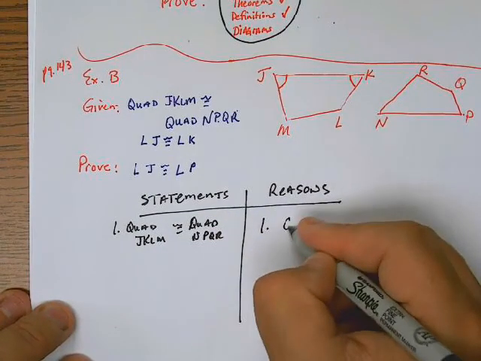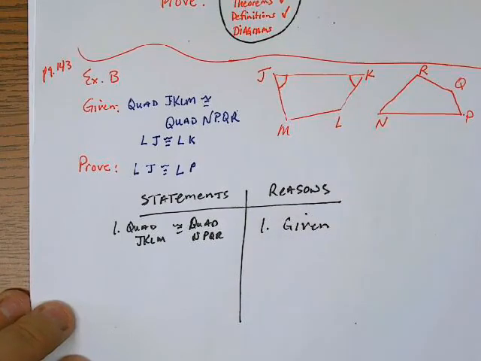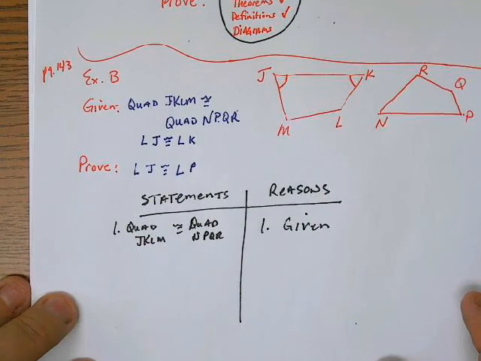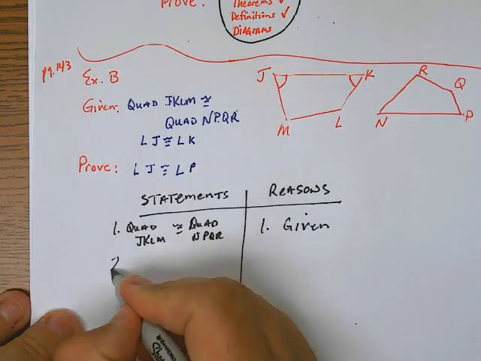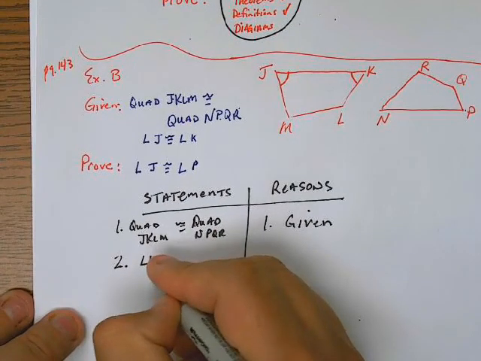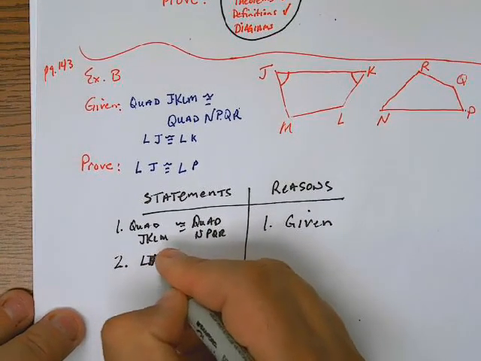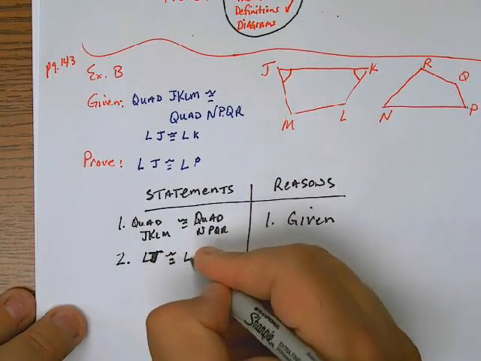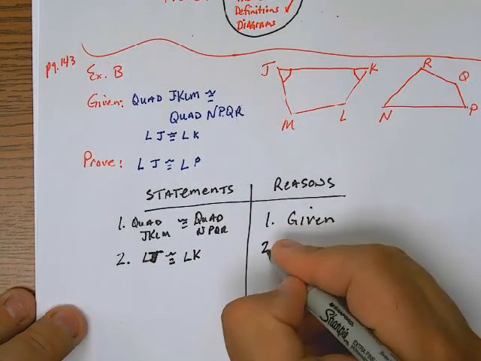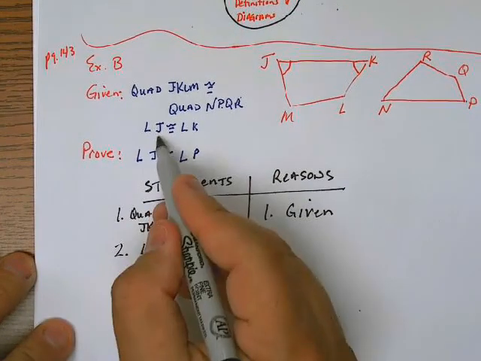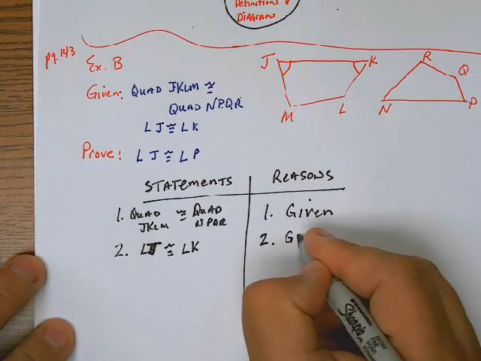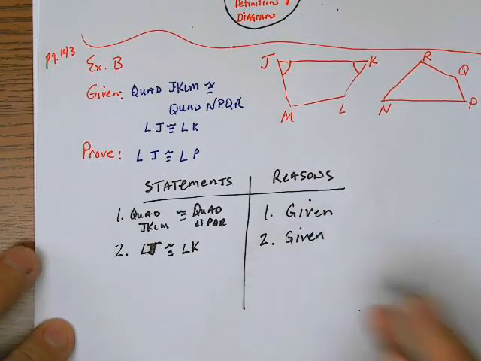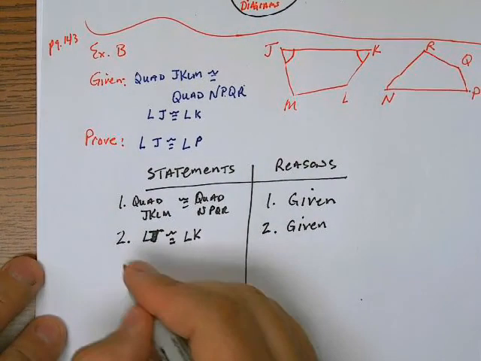What's my reason? Go ahead and write it in. It's given. That's an acceptable reason. It's given. When it's given, it's accepted as true. Look at step 2. Angle J is congruent to angle K. What's my reason there? It's also given. There's step 2.